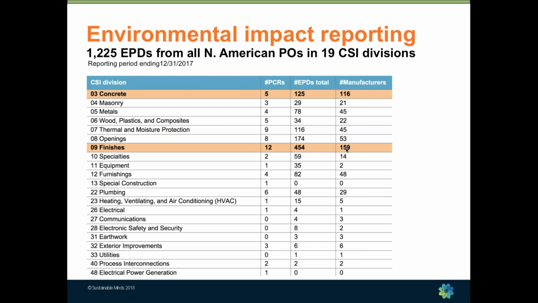Finishes is a pretty broad category. They've made a lot of EPDs, but look at the number of PCRs. There's a lot of rule books for products in the finishes division. So again, not surprising. It's a big division, a lot of sections. There still isn't a PCR per section.